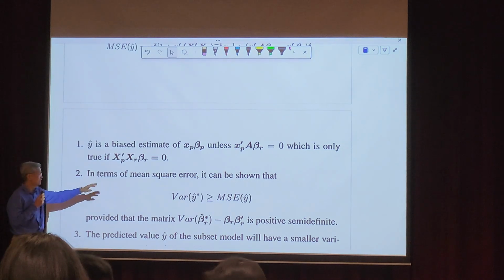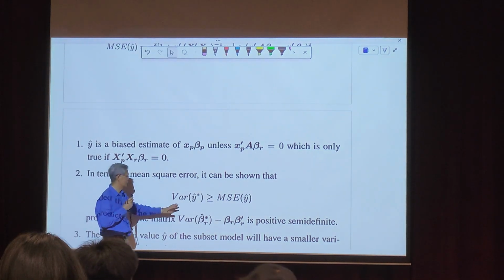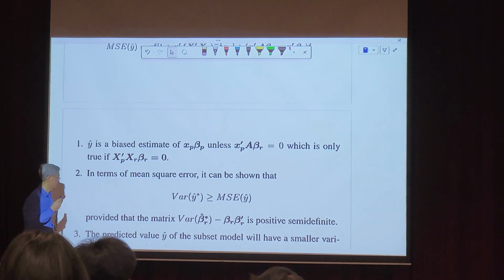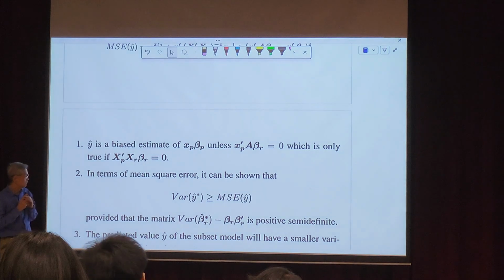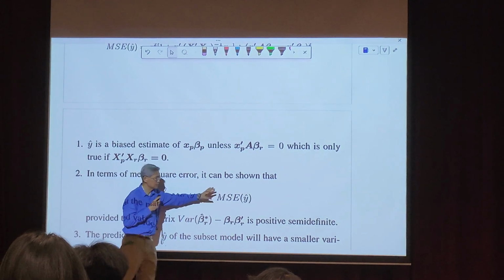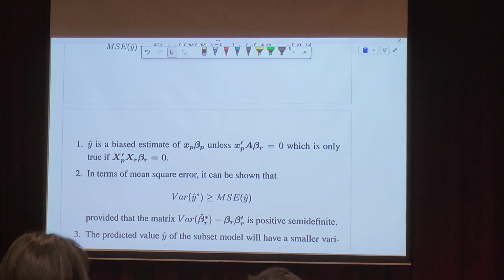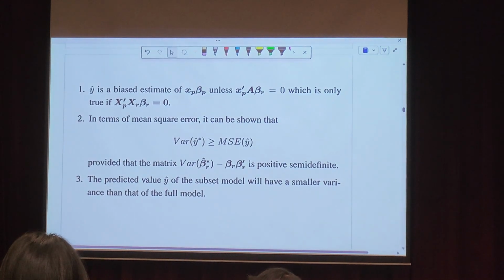And in terms of mean square error, you can also show that the variance of the full model is usually greater than the mean square error for the subset model.